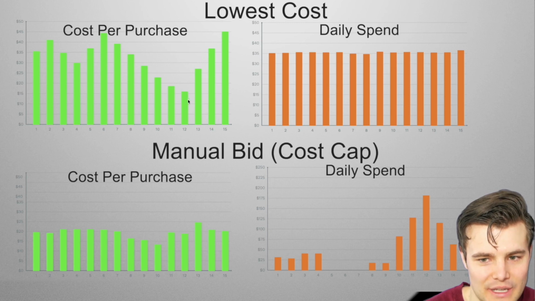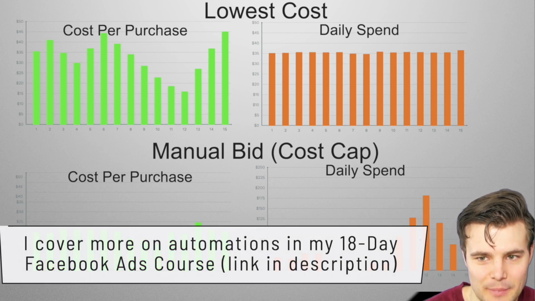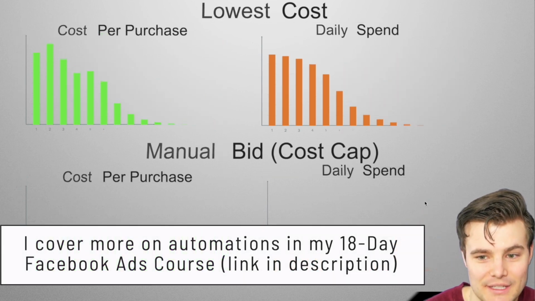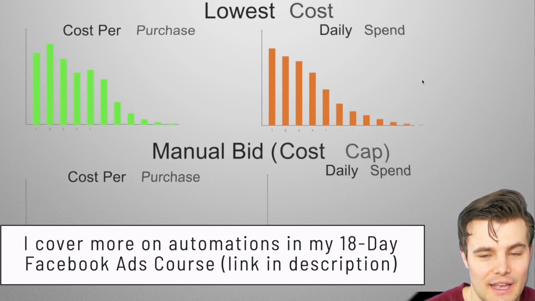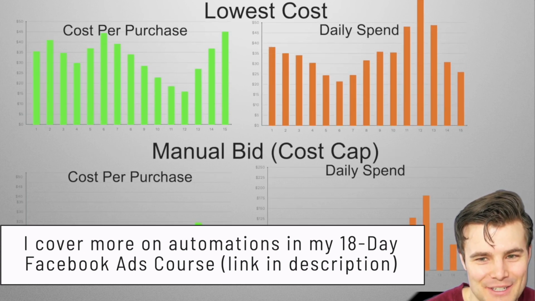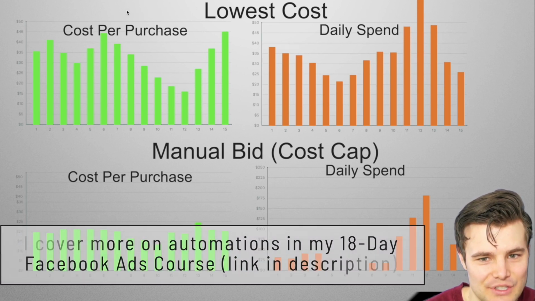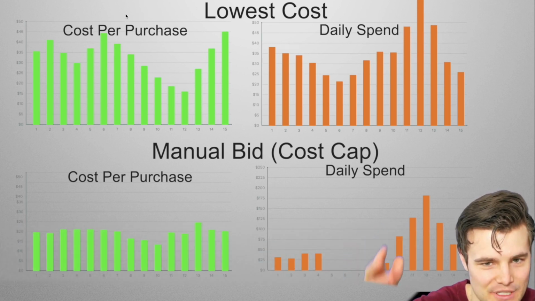And then on really good days, it's actually going to hit its spend where I can generate twice as many sales on those days. And actually, I use automations so that my spend for the day is based off results, scaling it up or scaling it down.